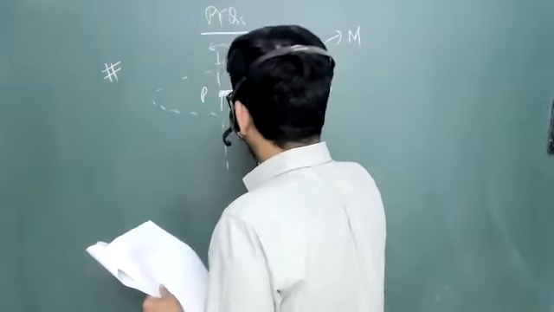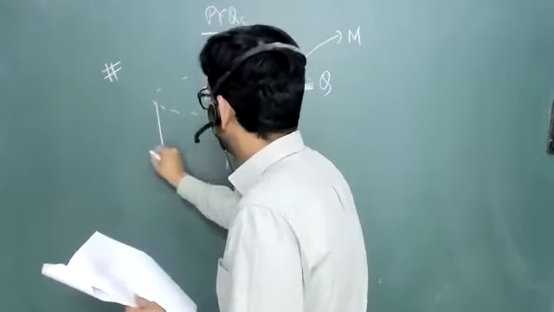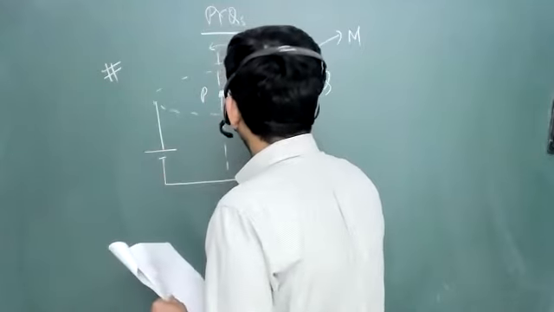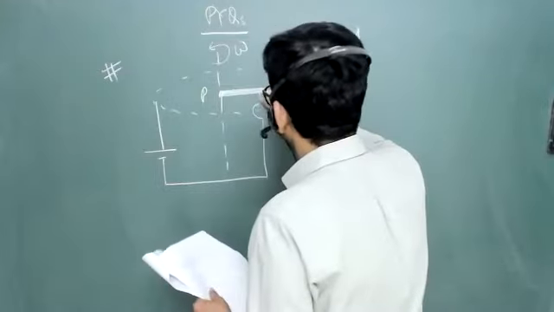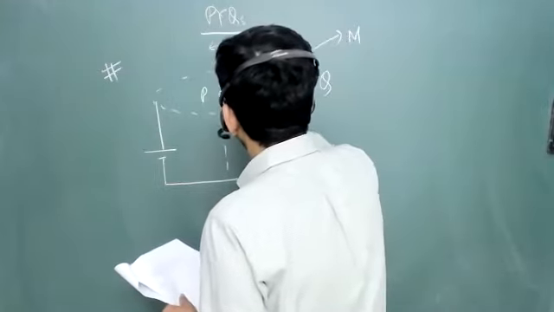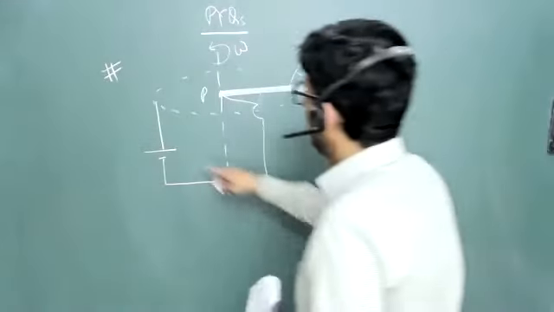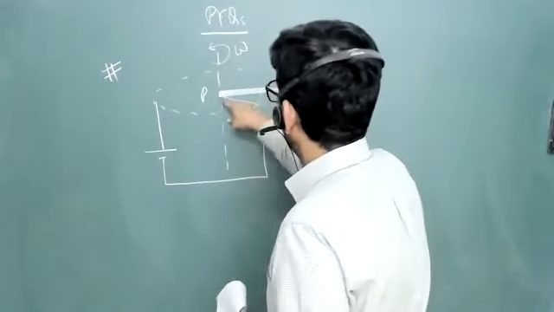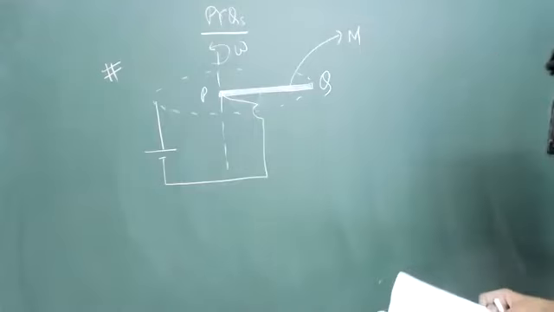Actually there is a connection like this, which is connected to the positive side of the battery and this goes like this to this P. So that means current will go like here and it will come through here, okay, right?